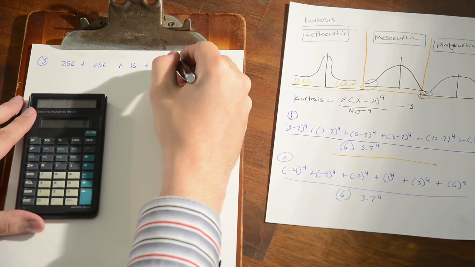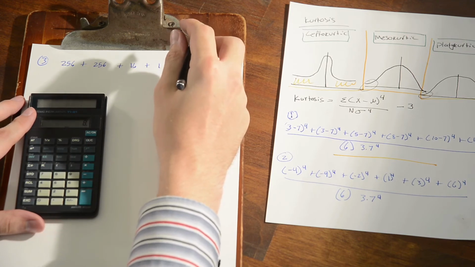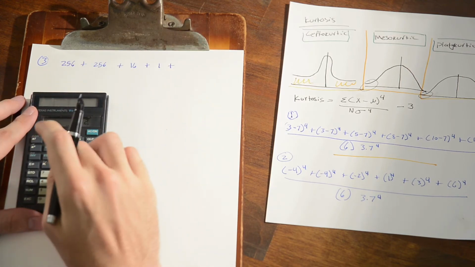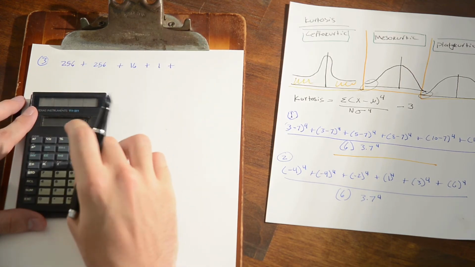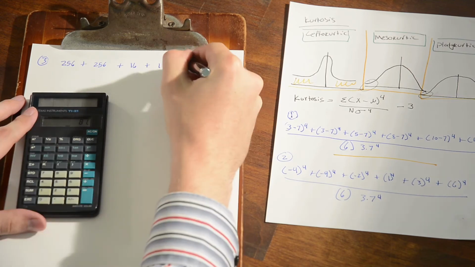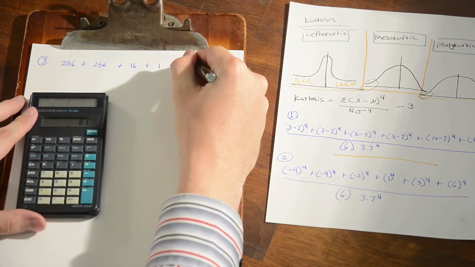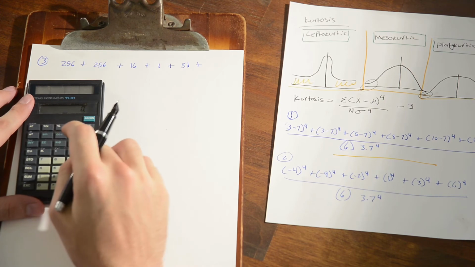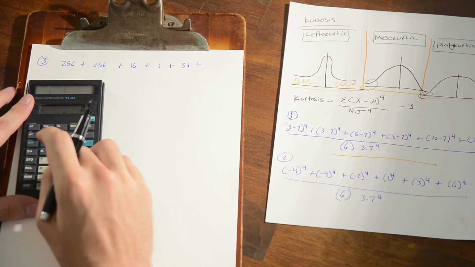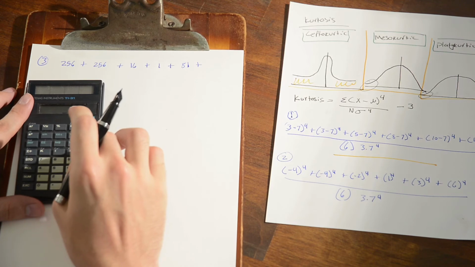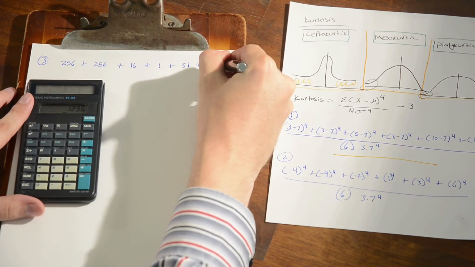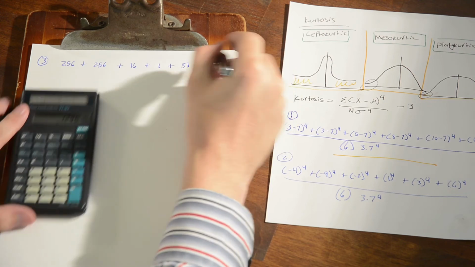Plus, let's see, 27 times 3 is equal to 81, plus, let's see, that was 216, yes, times 6 is equal to 1,296.